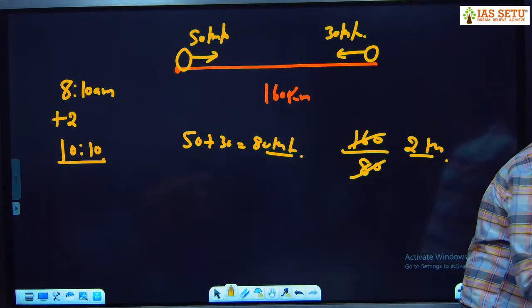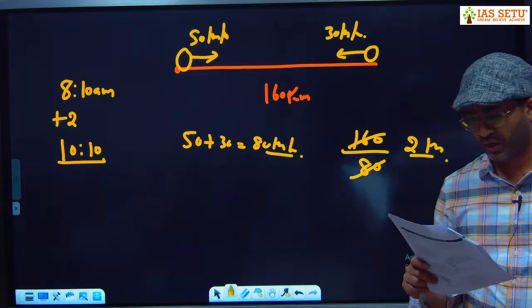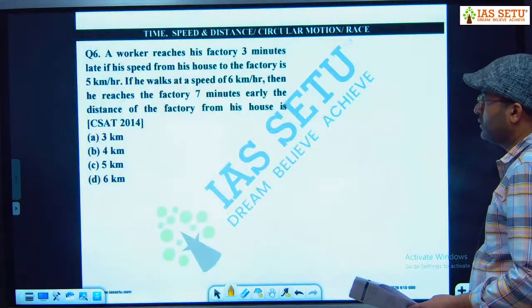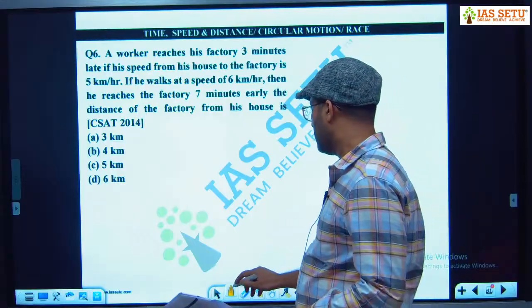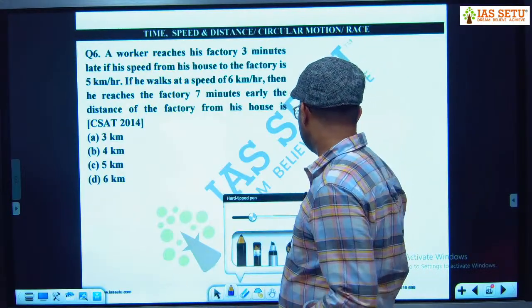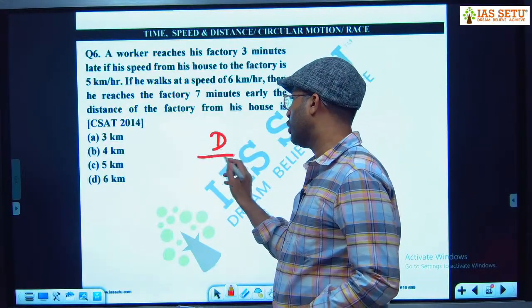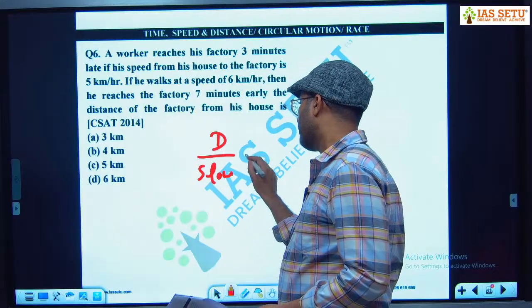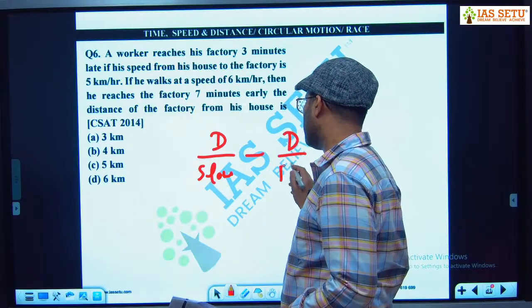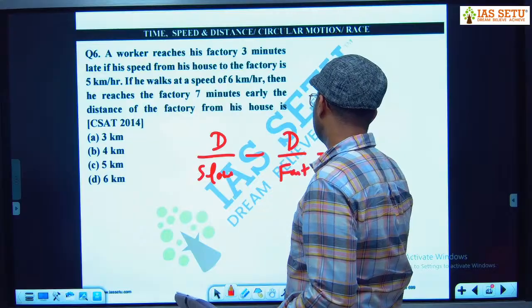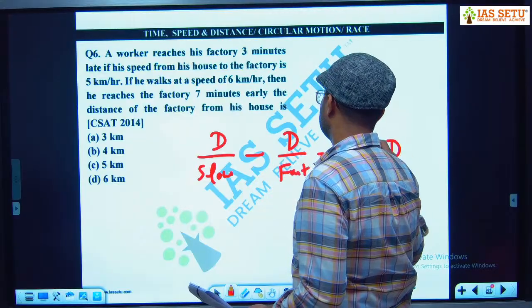Question number 6. Similar question we have done. See, I told you distance upon slow speed minus distance upon fast speed is equal to time difference.